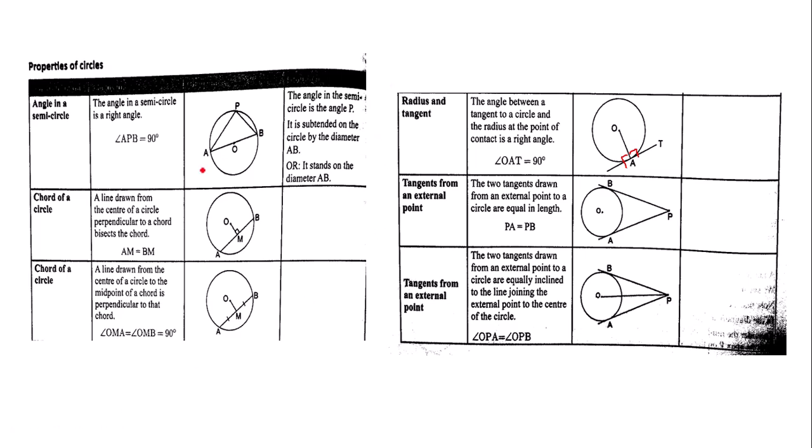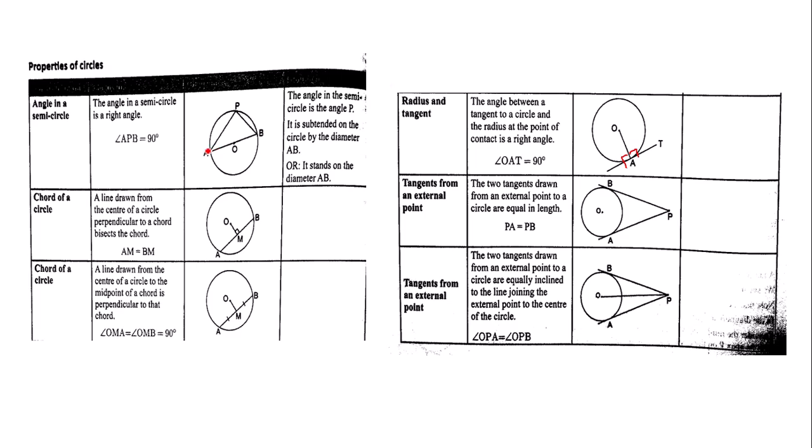Next, we see the properties of circles, which are theorems. Angle in a semicircle. So if you see a diameter and you see a triangle forming inside one of the semicircles, then the angle in a semicircle is a right angle. Now, which angle exactly? We have three angles formed in a triangle.